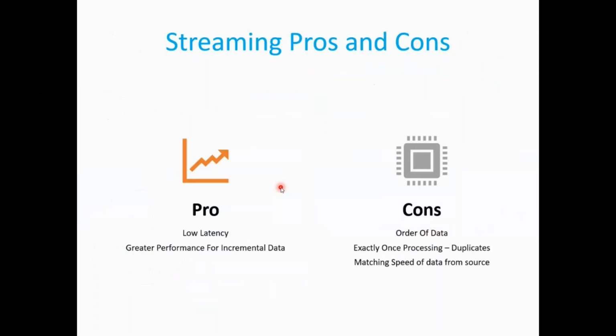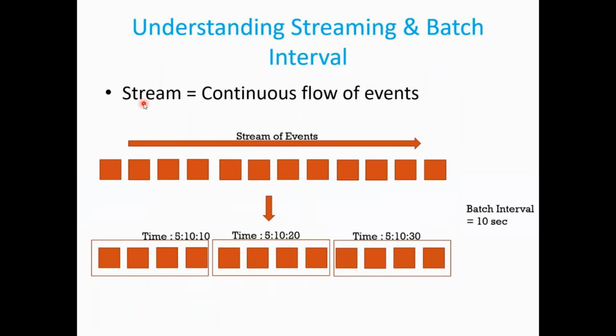So let's talk about stream. What is a stream? A stream is nothing but a continuous flow of events. There is an important terminology called batch interval. What is the meaning of batch interval? Let's say the batch interval is 10 seconds. Whatever data comes in a span of 10 seconds is grouped and a data frame is created out of that.